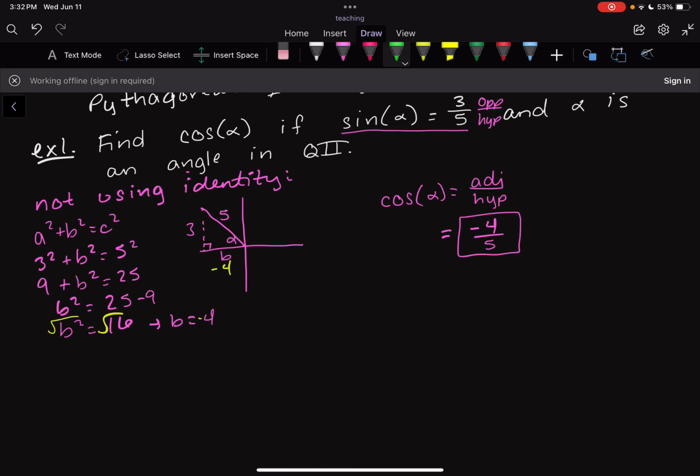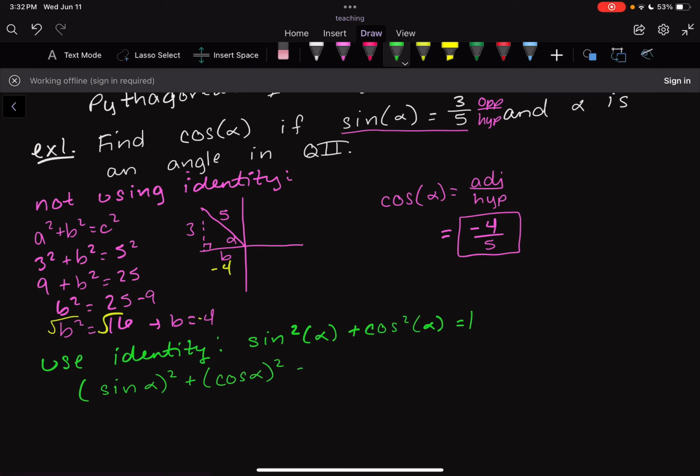The other way is to use the identity. So we have this identity that sine squared of an angle plus cosine squared of an angle is equal to 1. Another way we can write this is sine of my angle squared plus cosine of my angle squared is equal to 1.